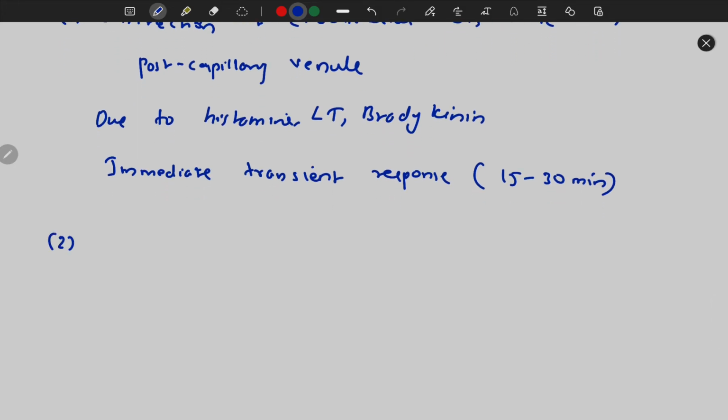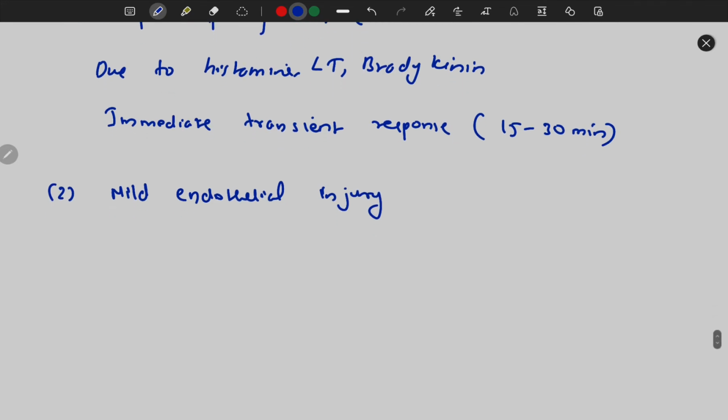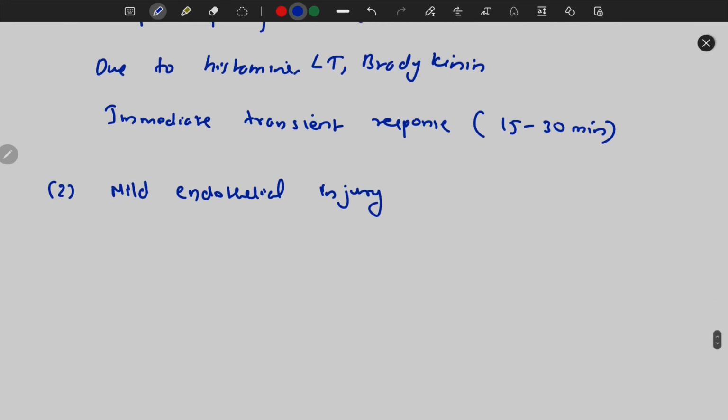The second mechanism is mild endothelial injury, for example, in case of burns. Due to this endothelial injury, the endothelial cells undergo apoptosis.